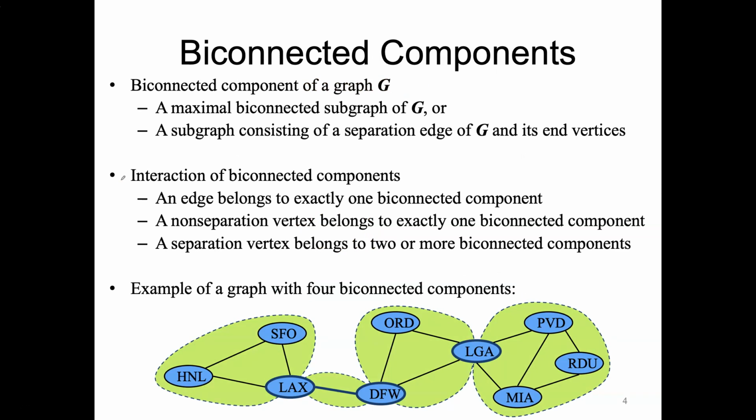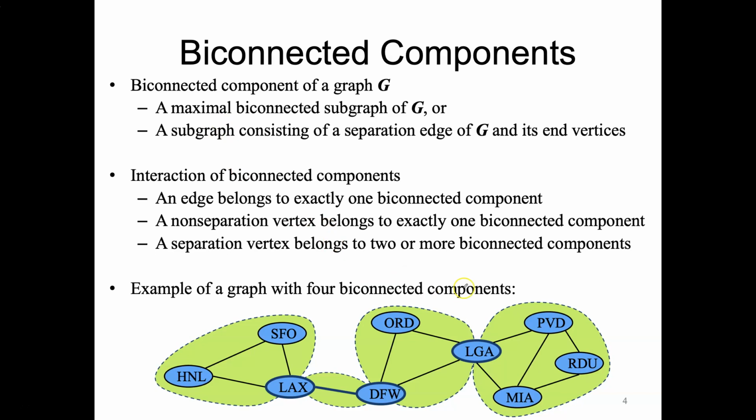So we want to identify the biconnected components of our graph. This is a maximal biconnected subgraph, meaning that we take some subgraph and we can't add to it any more edges or vertices and still keep it biconnected. Or in the smallest case, it would be a subgraph consisting of only a single separation edge and its end vertices.